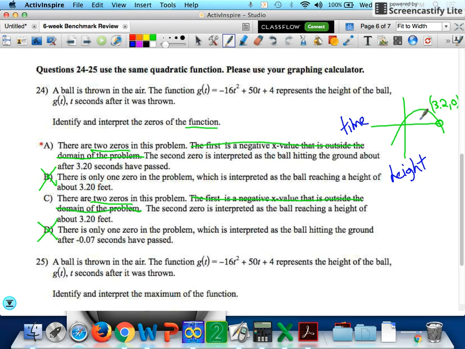So our time is 3.2 seconds and our height is 0 feet. Well, the only one that matches that description is A. The second zero is interpreted as the ball hitting the ground after 3.2 seconds. So after 3.2 seconds, the ball has a height of 0.